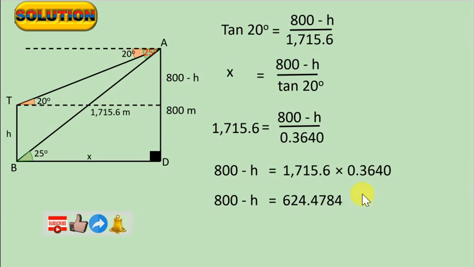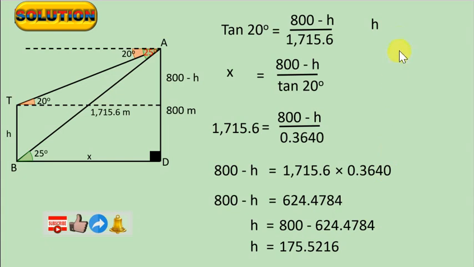624.4784. Then we make h the subject. By taking h the other side, it becomes plus. Then that will be equal. Then we take this to the left side, it becomes minus 800 minus this. Then use your calculator. That's a simple subtraction. You are going to have the answer as 175.5216.